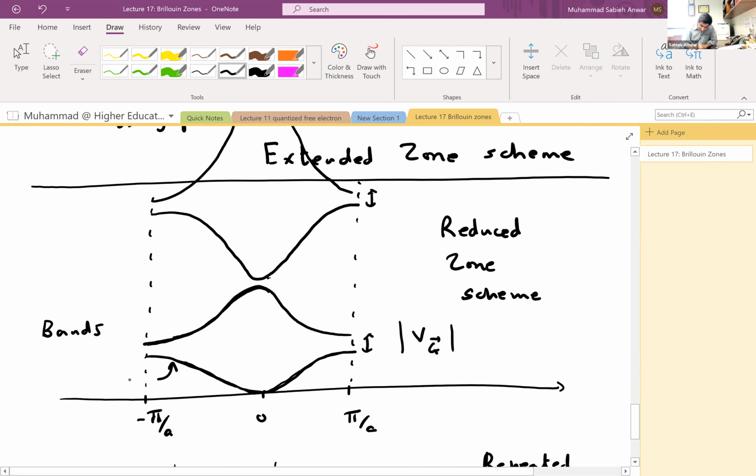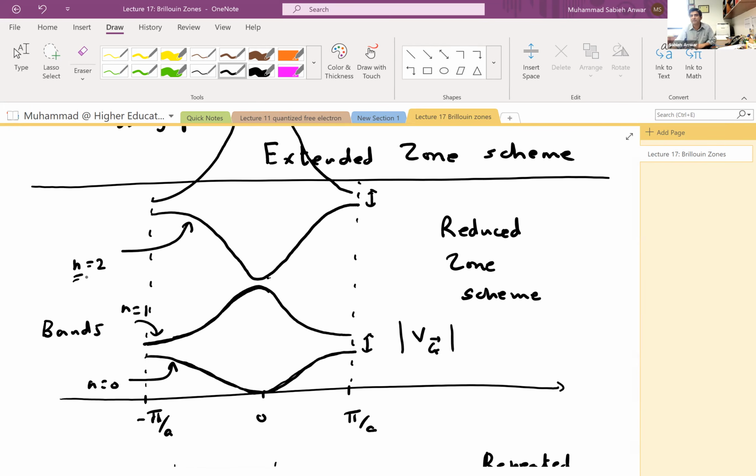This could be called the n equals 0 band, n equals 1 band, n equals 2 band, and so on. So I've introduced this new quantum number n. I'll say why this is a quantum number. It's just like a principal quantum number. When we talk about the hydrogen atom, the K shell, L shell, M shell, each one of them is defined by a principal quantum number. This index is called a band index.